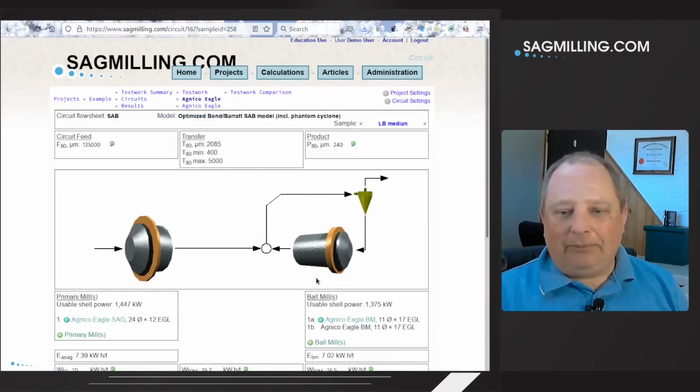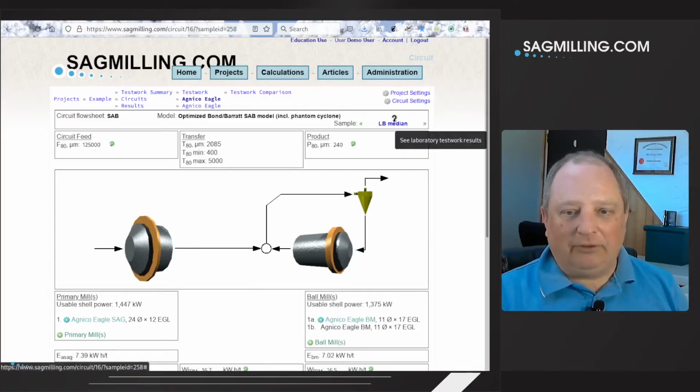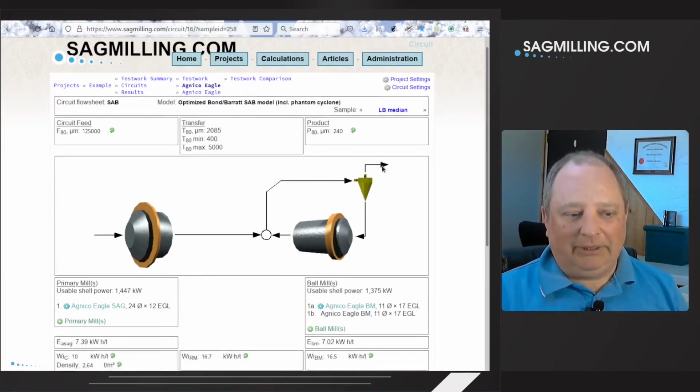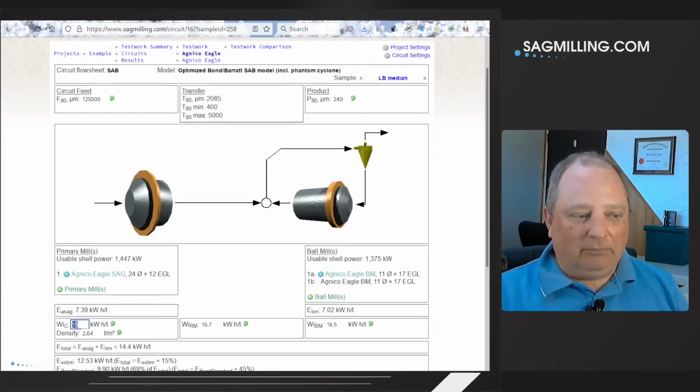So here's an example of the Agnico Eagle's SAB circuit, which is just some published information, which I've grafted onto it. Some other published information for some grindability testing was done at Labrances in Chile. The Labrances test work is particularly interesting because it has the Bond series of tests, crushing, rod mill, and ball mill.